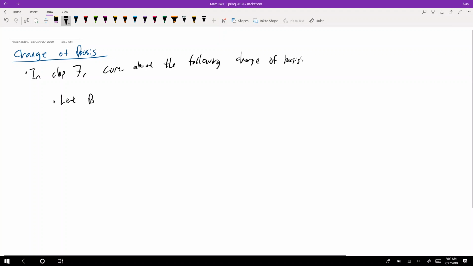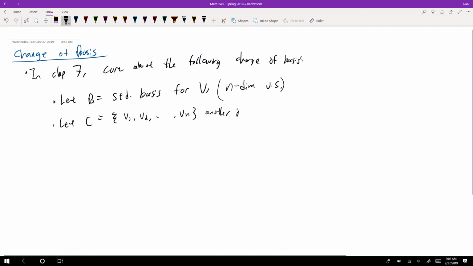Let B equal the standard basis for V, and V is an n-dimensional vector space. And then let C equal just some vectors V1, V2, all the way through Vn, which is another basis for V.